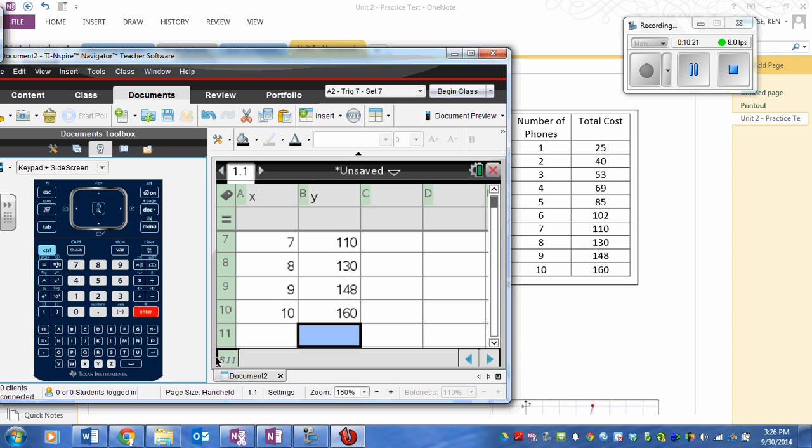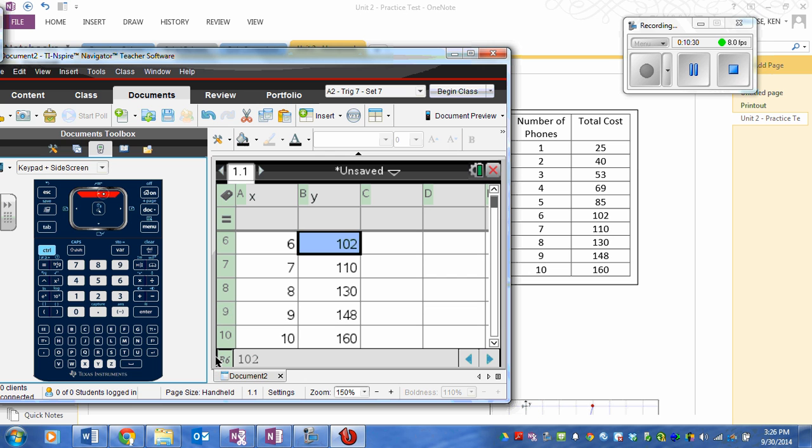You should verify that they're right. Let's see, 10, 160, 9, 148, 8, 130, 7, 110, 6, 102, 5, 85, 4, 63, 3, 53, 2, 40, and 1, 25.